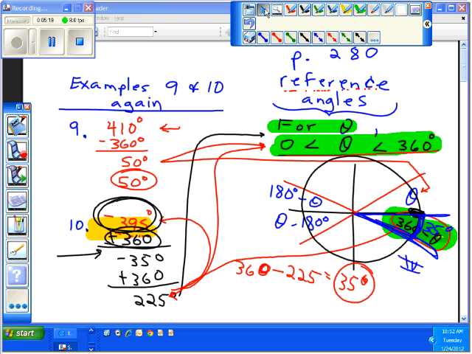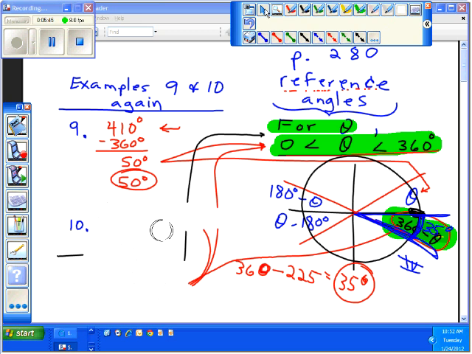Okay? Now, I know it went in the negative direction, but when we're talking about the reference angle, we're talking about a positive value, you see. So, in picture form, we're taking out the 360, which leaves us with the 35. Or, mechanically speaking, let's go through this one more time.